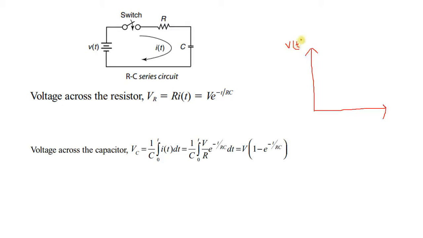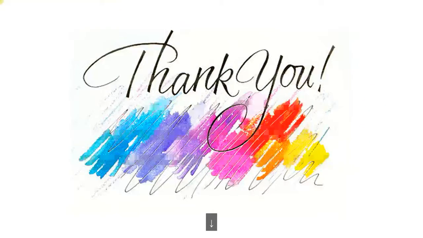Initially the current has a maximum value and the voltage is approximately 0. As time increases, my graph looks like this, exponentially increasing. At time t equals infinity, it reaches the steady state value, and the current at this time should be approximately equal to 0.